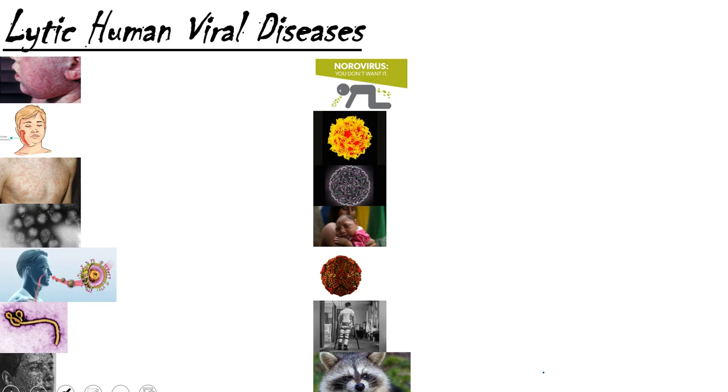All right, so now let's take a moment and talk about some lytic human viral diseases. Remember, these are the ones typically with rapid onset symptoms, even though these symptoms could last for our victim's whole life, okay? But whatever the case, they have a rapid onset, okay? So some of the ones that we have, all right?